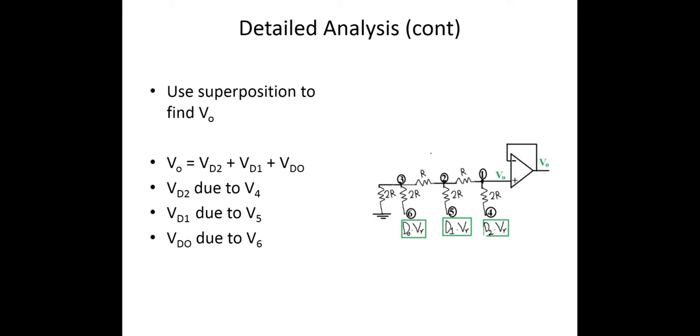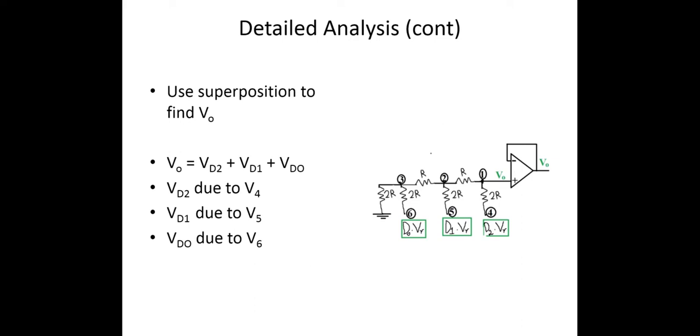So now the task is to find VD0, which is the voltage due to V6, VD1, which is the voltage due to V5, and VD2, which is voltage due to V4. So the procedure would be that all the voltage sources will be replaced by ground except the voltage source which is under consideration.